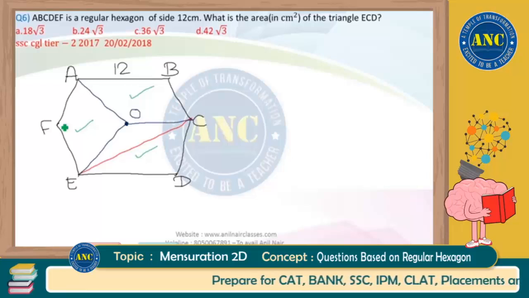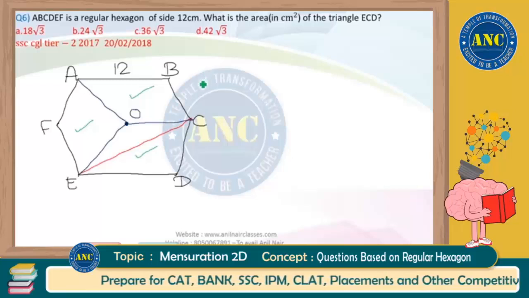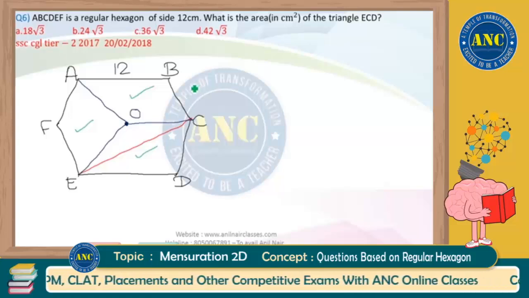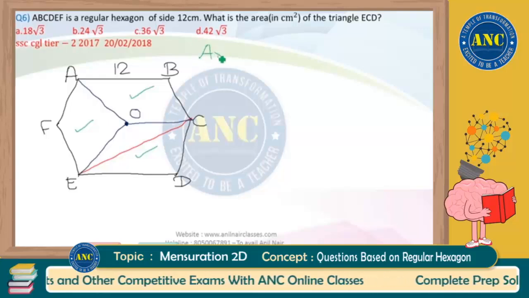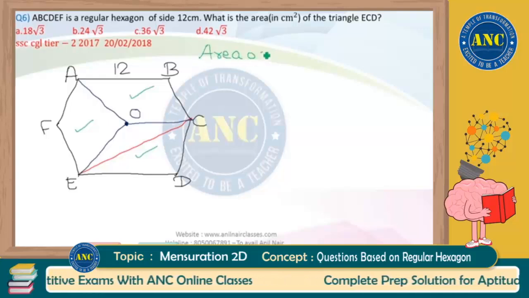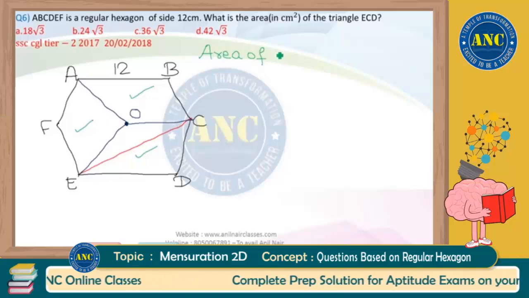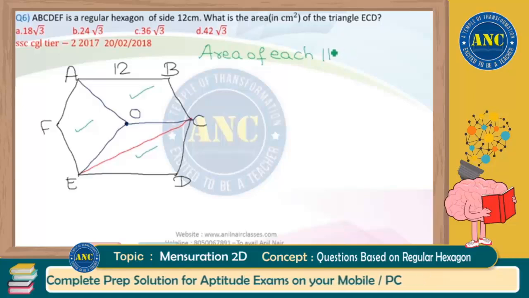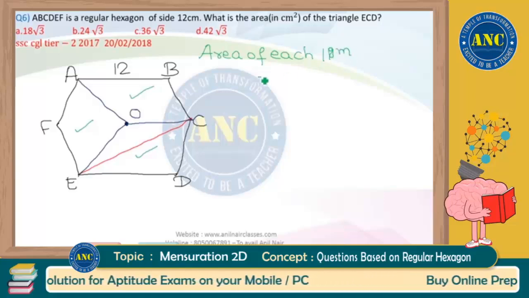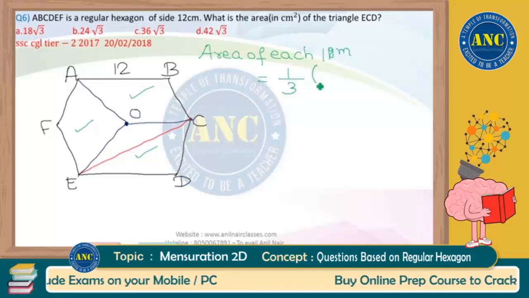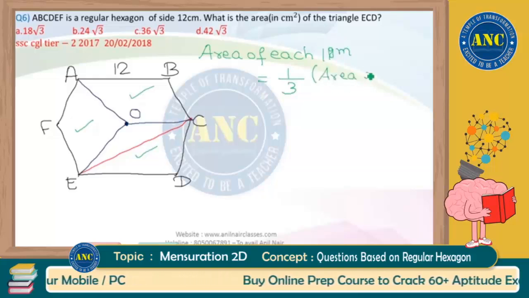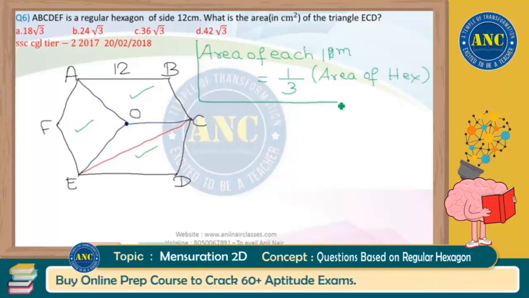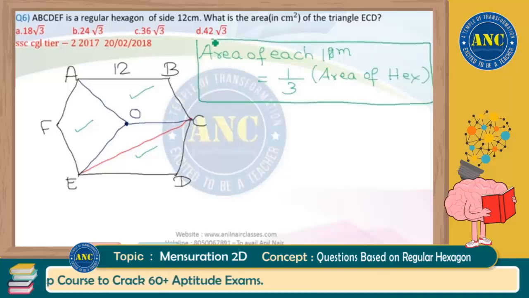I hope you are clear with the logic. Area of each parallelogram is 1/3 of the area of the regular hexagon.